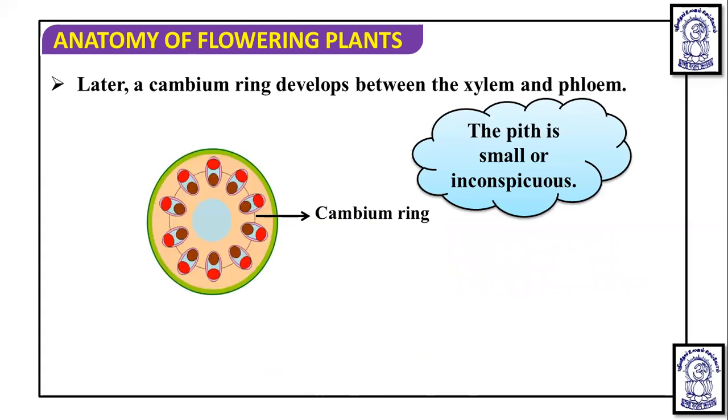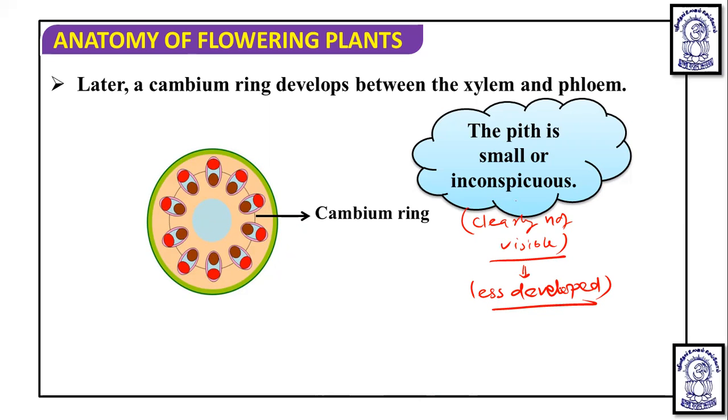Pith is centrally located, and you can see it is small and inconspicuous, meaning clearly not visible. Why is it not visible? Because it is small, we can say less developed. I hope you understood this. In vascular bundles also, we have discussed that radial arrangement is seen.